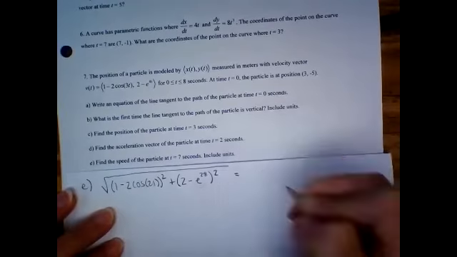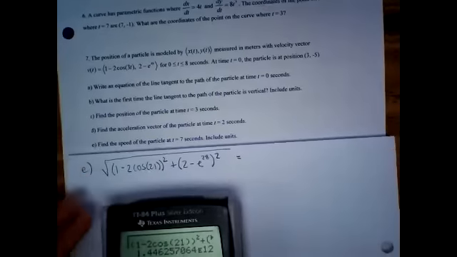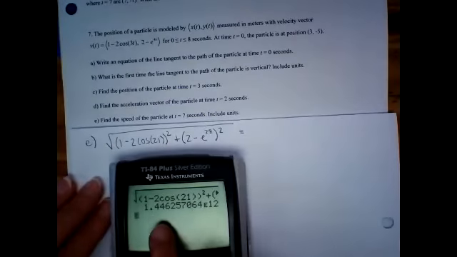And then I'm going to put that in the calculator. Oh, and this came out to an enormous number. So this came out being written in scientific notation.